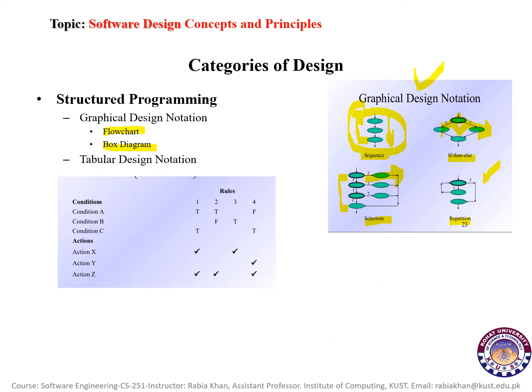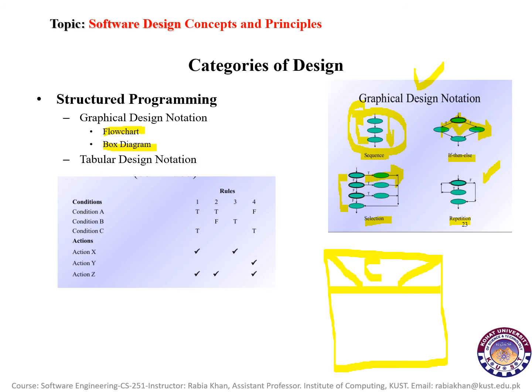Now the second is if then else. For example, if you have to draw the condition if then else, again a box is drawn like this, a big box, and then the box is segregated horizontally in two parts like this, and here you have to further divide it diagonally like this. So here you will have to write the condition.